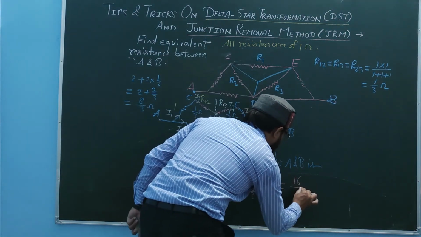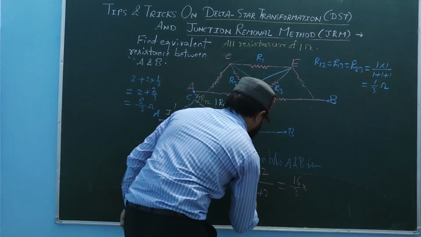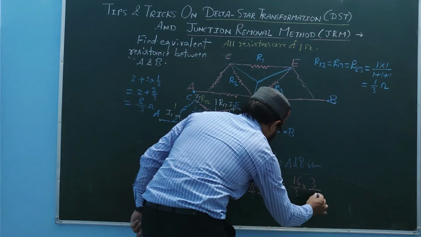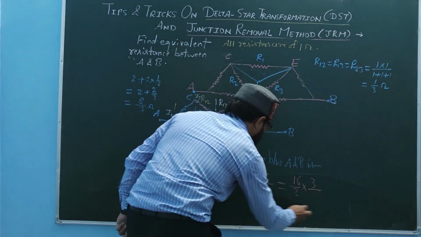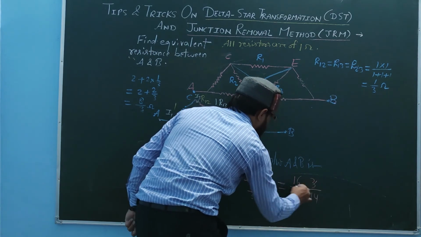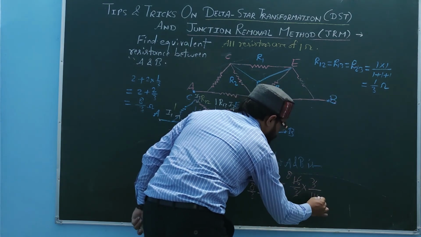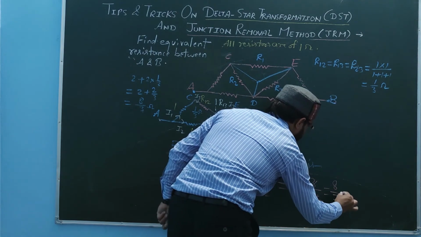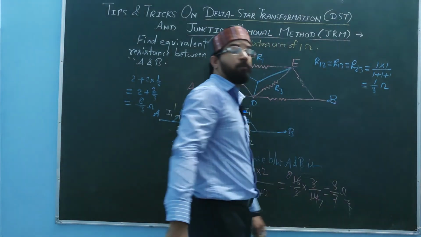It would be 16 by 3 into this 3 in LCM goes up, 3 twos are 6, 8 and 6, 14, yes, 3 3 gets cancelled, it is 8, 2 sevens are 14, yes, you can find out. Same result you are getting, 8 by 7 ohm.